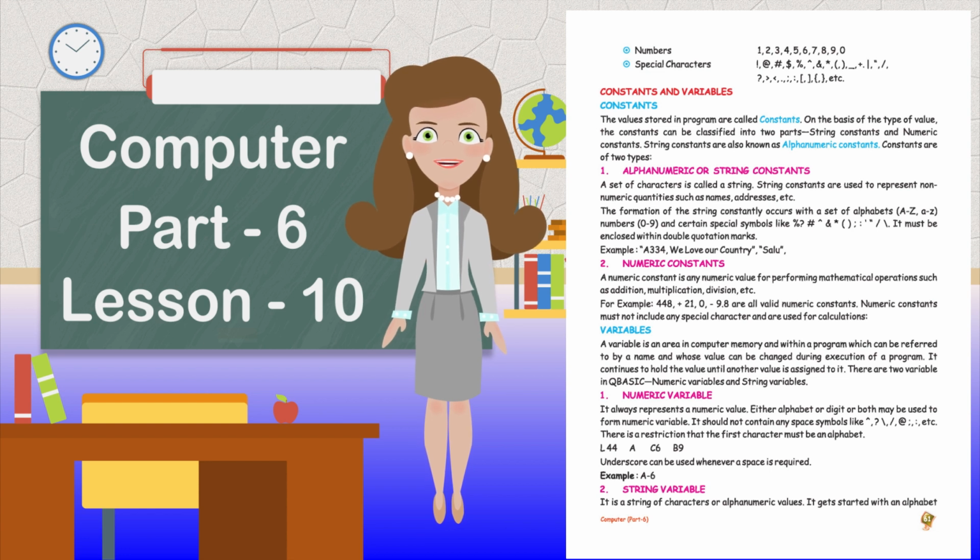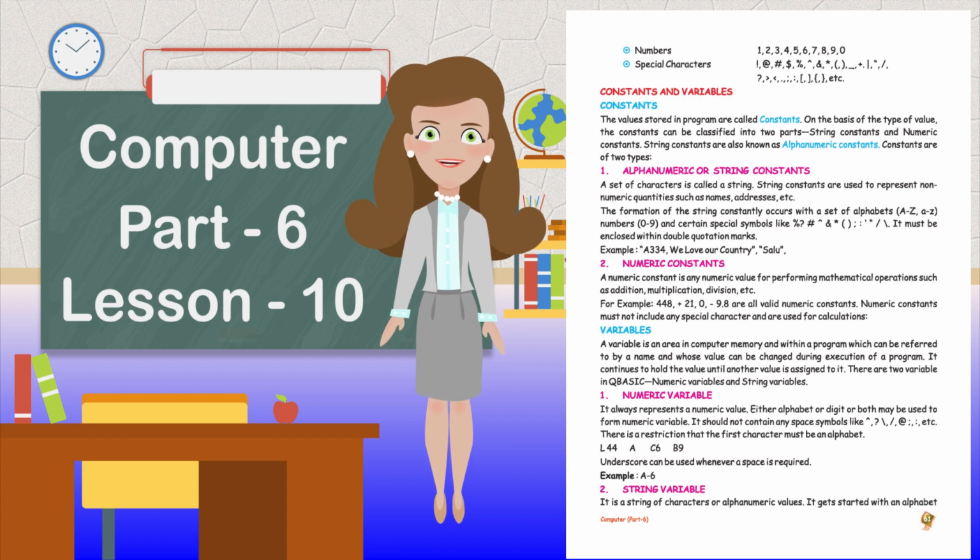N44, A, C6, B9. Underscore can be used whenever a space is required. Example: A6.